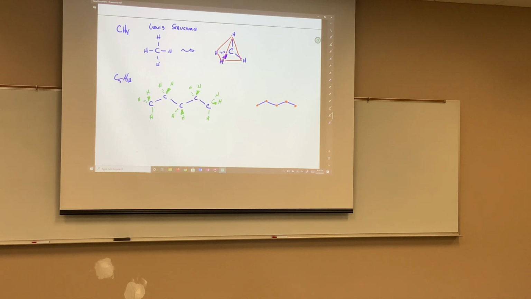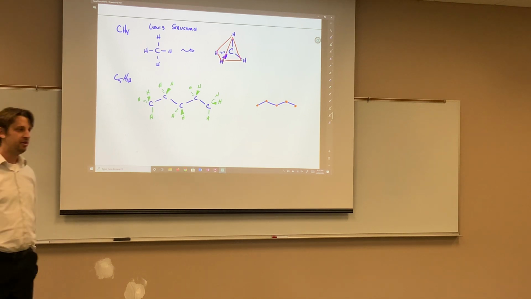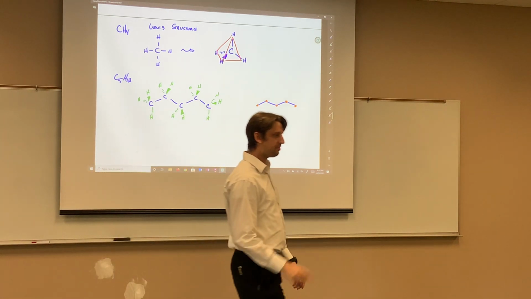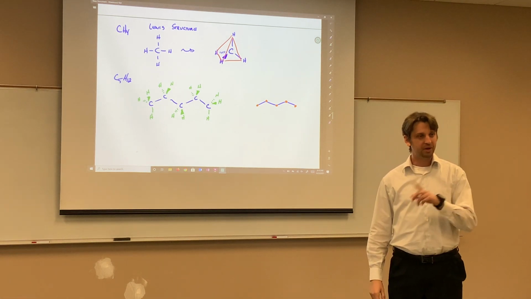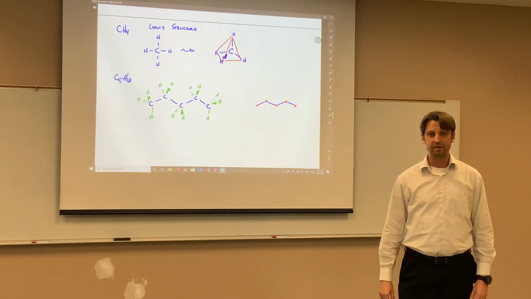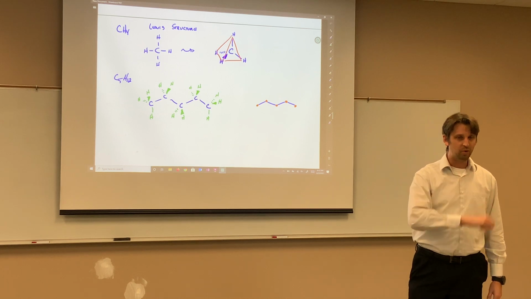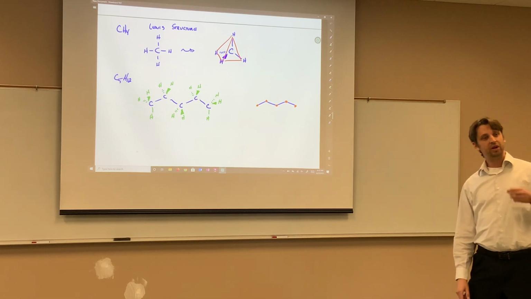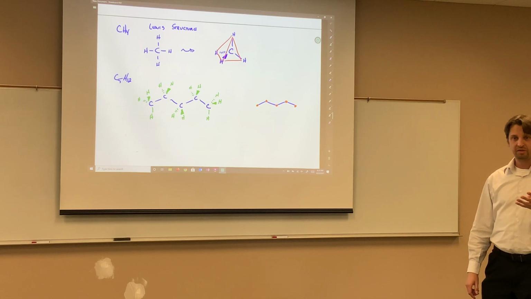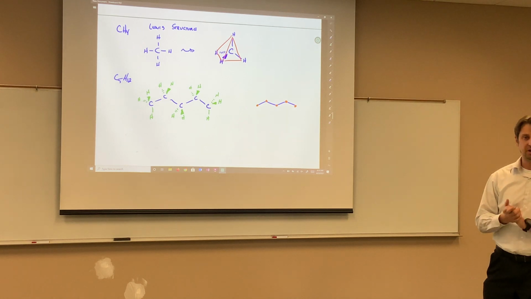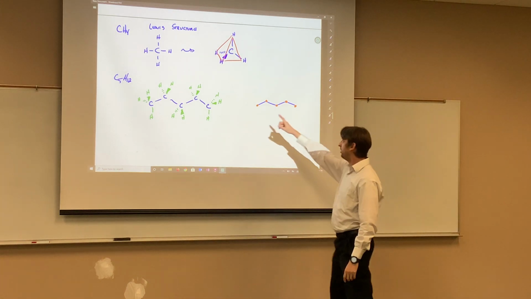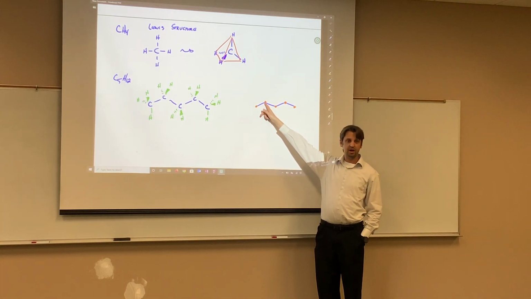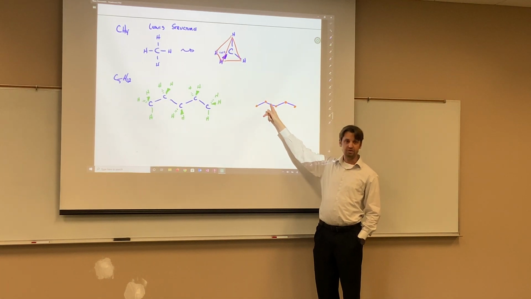Now, what's the most glaring thing that's missing? Our hydrogens. And here comes back one of the first facts I said about organic chemistry: carbon and hydrogens are best friends. One of the other important things I said is that carbon will always have 4 bonds unless there's something special going on. Let's think here for just a second. This carbon right here, how many explicit bonds do I see? 1, 2.